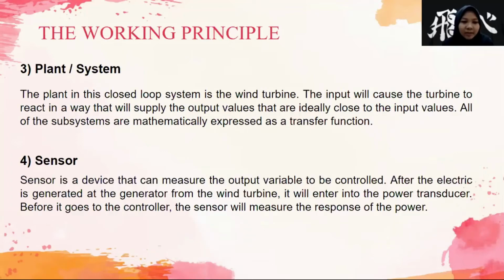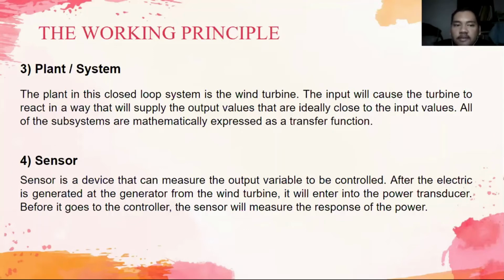Okay, the next part will be explained by HAZIQH. I'll explain about the working principle of the plant or system. The plant in this closed loop system is the wind turbine that catches the wind. The input will cause the turbine to react in a way that will supply output values that are ideally close to the input values.